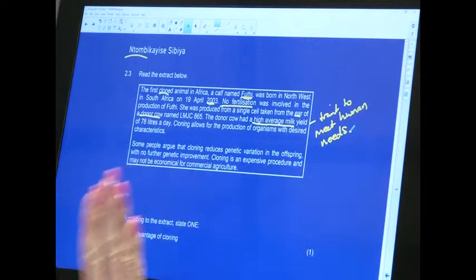Remember, genetic engineering involves GMOs, cloning, creating GMO products, and also stem cell research. All of that is genetic engineering, using artificial selection. Why? To meet human needs. We humans want what we want, and we don't care what we do to get there.